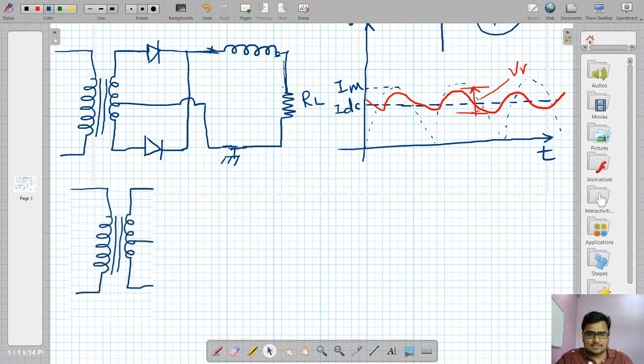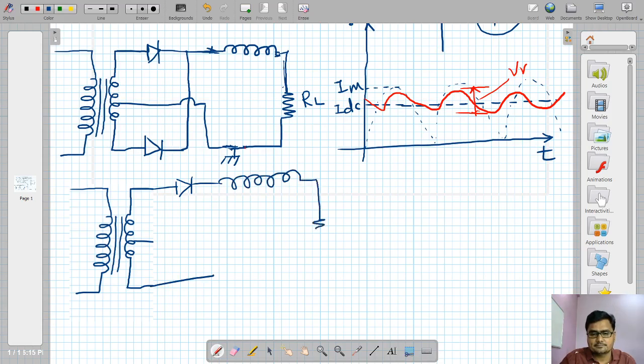Now this is my rectifier, a half wave rectifier, with one diode, and now I will connect the inductor filter. Look at the rough diagram I have drawn: inductor filter with half wave rectifier.